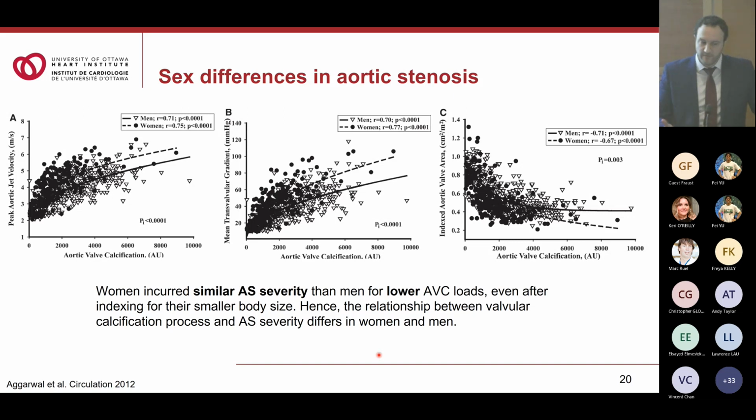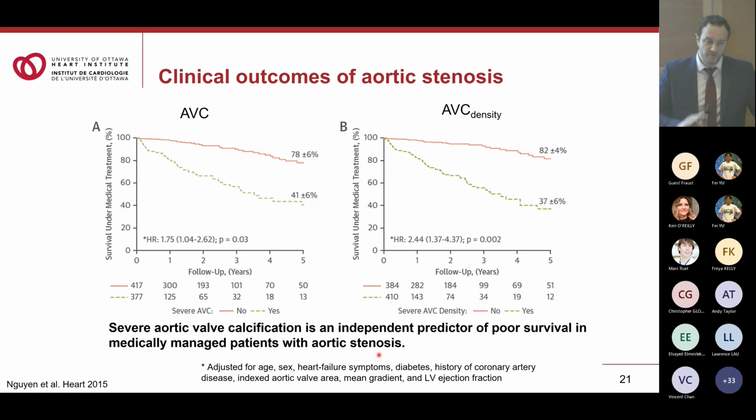Now, the aortic valve calcium score has also been used to predict clinical outcomes in aortic stenosis. We come back to our two metrics, AVC and the AVC density. Both of those were found to be independent predictors of poor survival in medically managed patients.